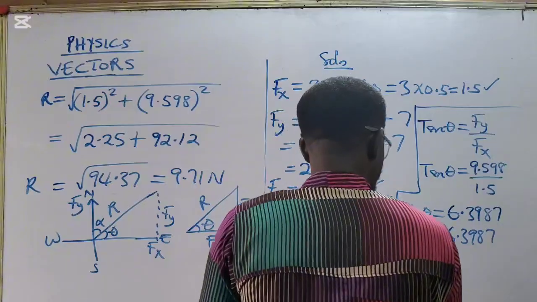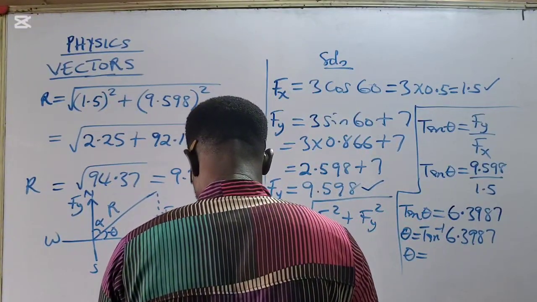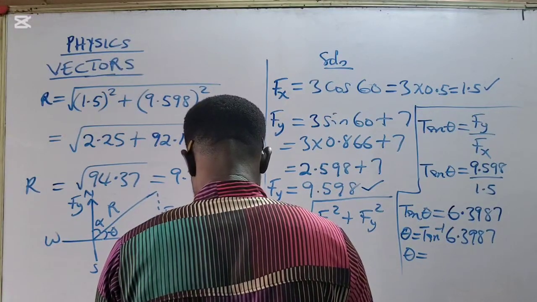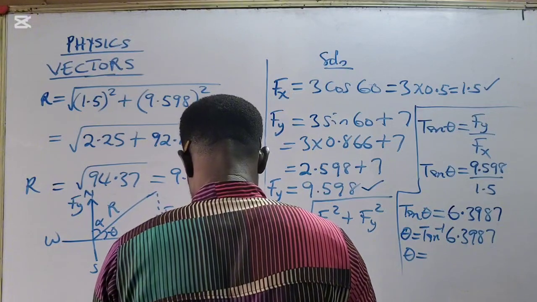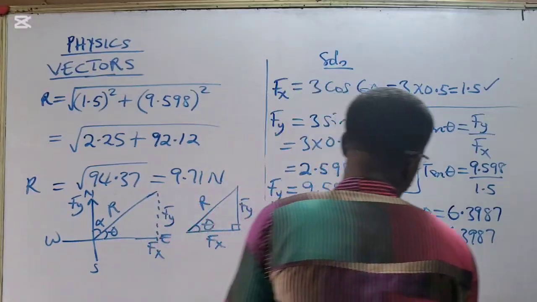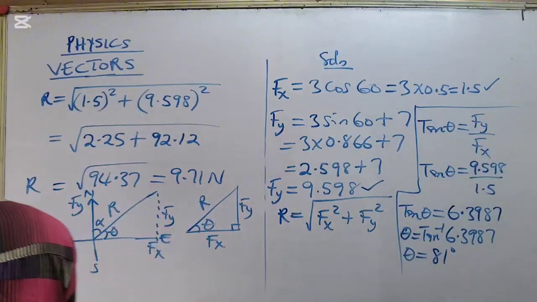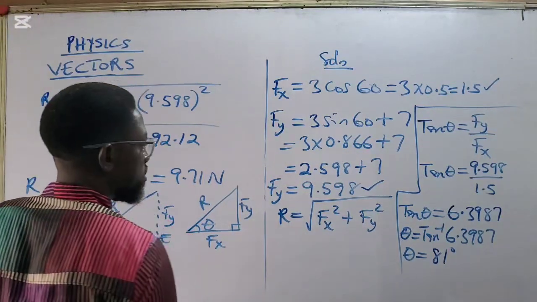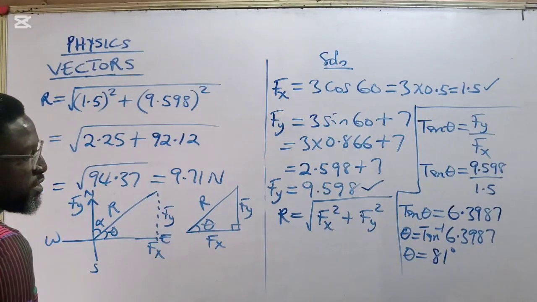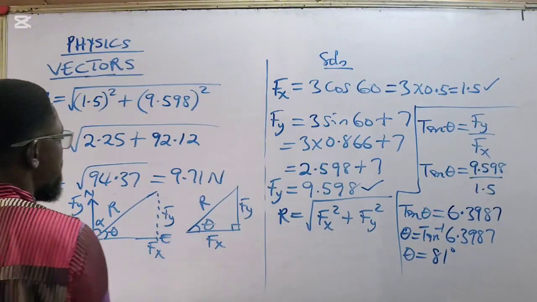Find the tan inverse of that, approximately 81 degrees. So if there is 81 degrees, this part is going to be 9 degrees, because this part is not 90 degrees.